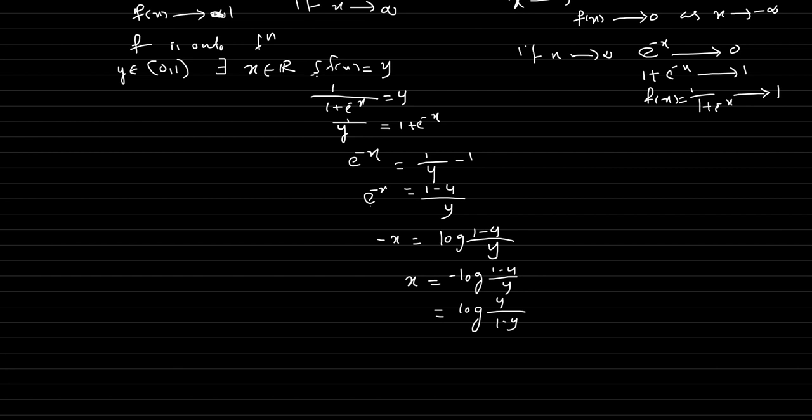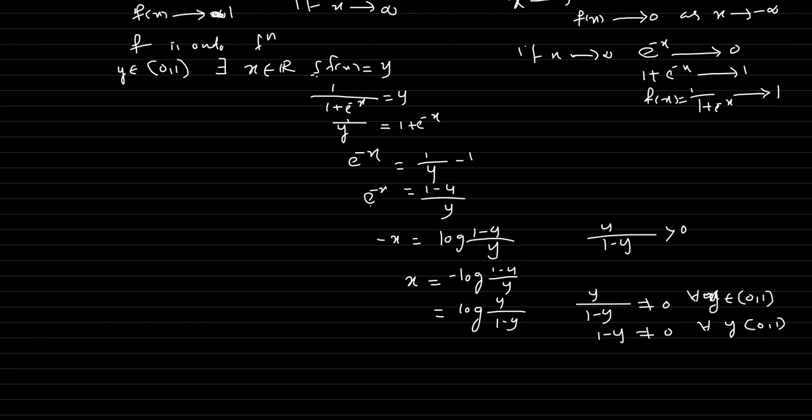And here y by (1 minus y) is not equal to 0 for any y in open (0, 1), and also 1 minus y is not equal to 0 for any y in open (0, 1). Also y by (1 minus y) is greater than 0 for all y in open (0, 1).